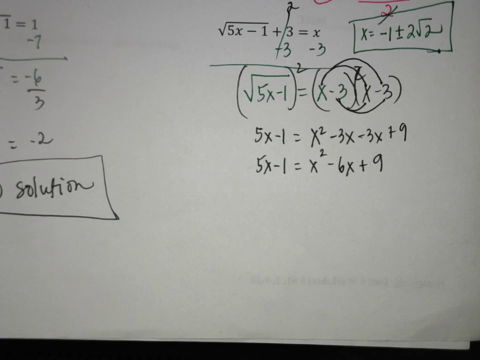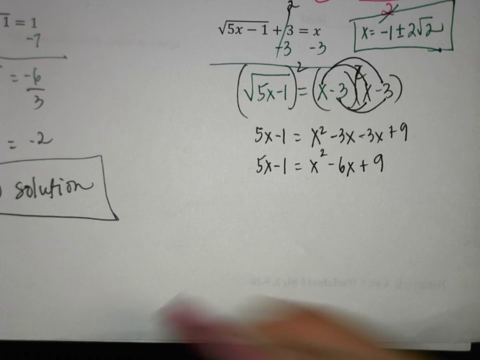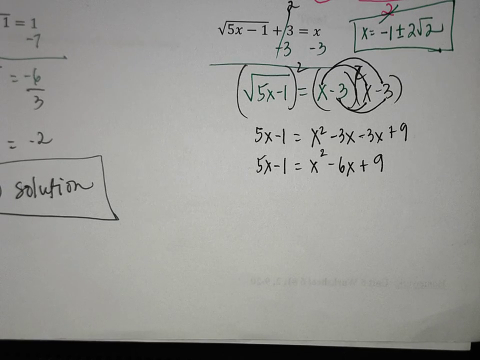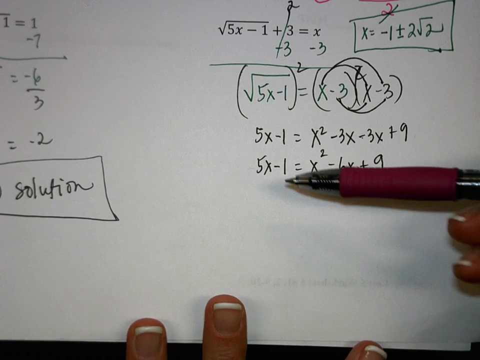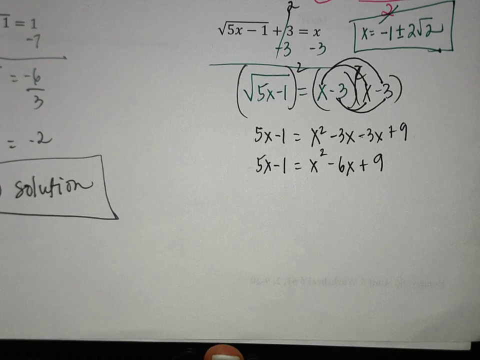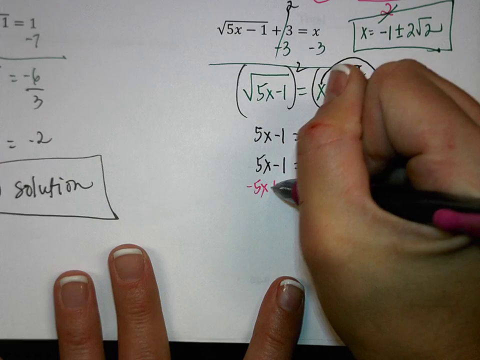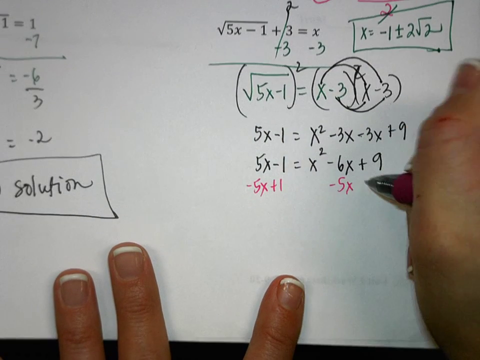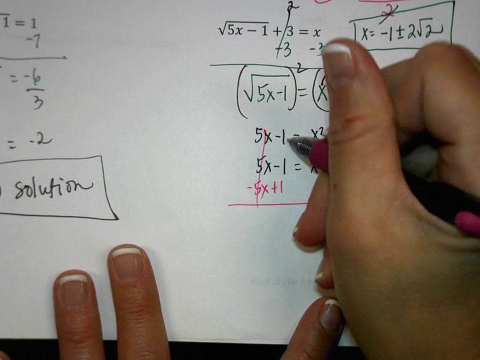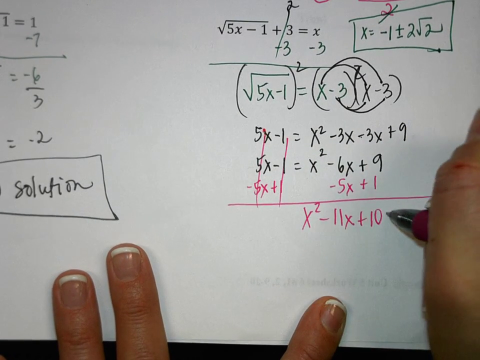What will we do now? So in order to factor, it has to be set equal to what? 0. So what will I need to do? Subtract 5x. Good. Subtract 5x and add 1. So I get x squared minus 11x plus 10 equals 0.